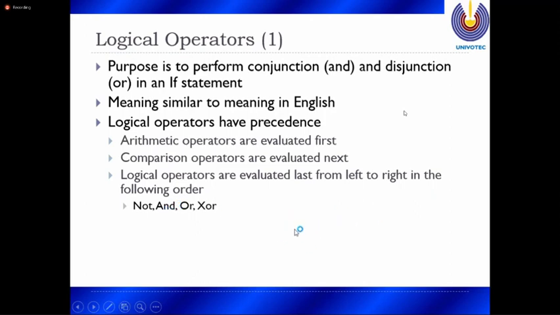If one condition is false and the other condition is true, then with the AND operator the result is false. If a condition is true and you use the NOT operator, the result is false. With OR, if any one condition is true, the result is true. If both conditions are false, the result is also false. XOR is the rest.